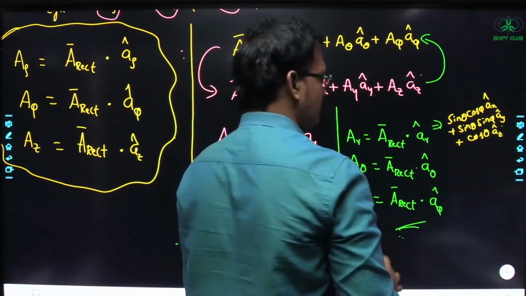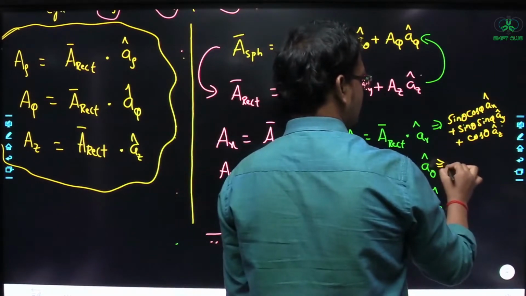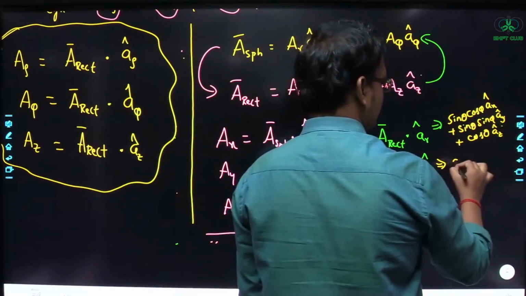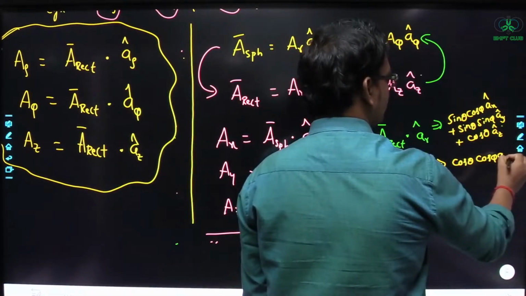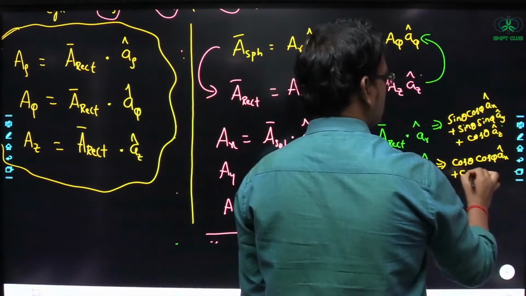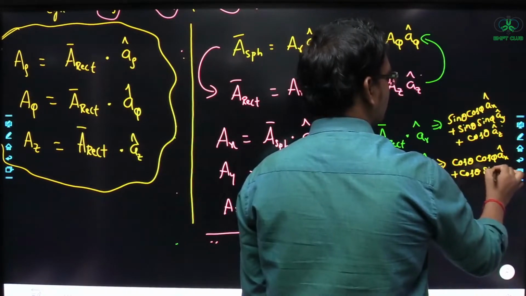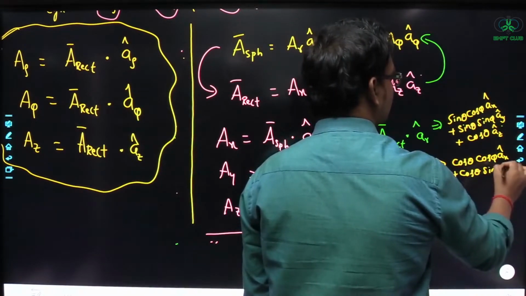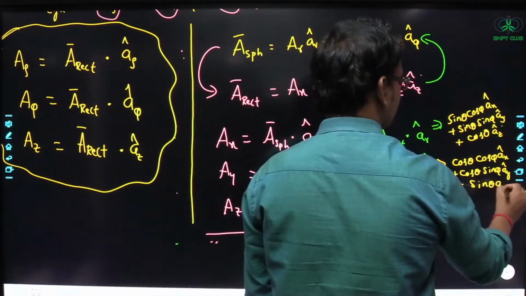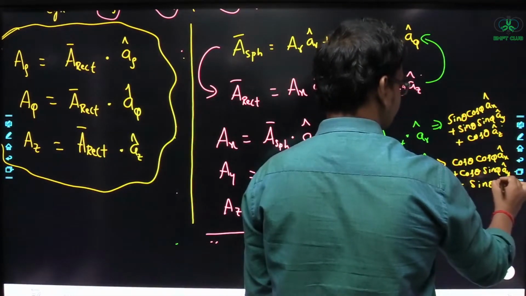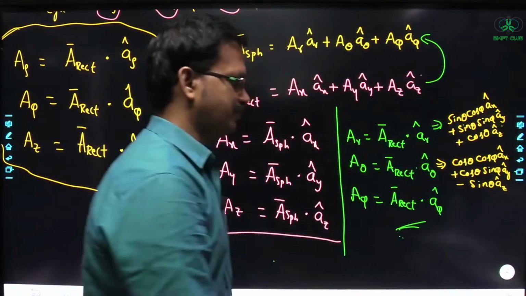Similarly, here a theta cap is nothing but cos theta cos phi ax cap, right, plus cos theta sin phi ay cap, right, and then minus sin theta az cap, right?